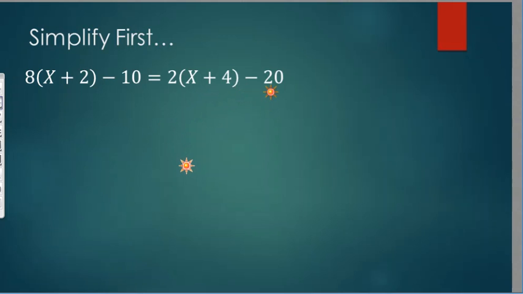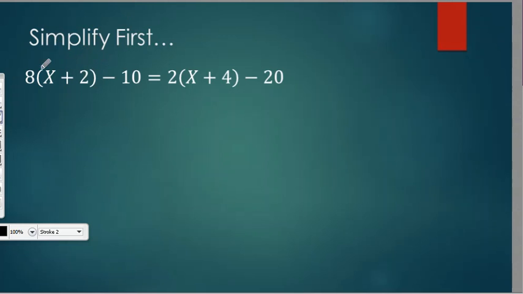Okay, so when we have an equation that looks like this, before we can solve the equation, before we can get the terms that have the same variable to be on the same side, we actually need to simplify. So I want you guys to go ahead and look at the number 8 that's in front of the parentheses. You guys know by now, we've done this a lot.